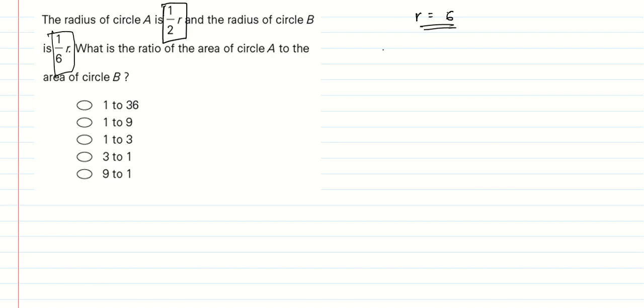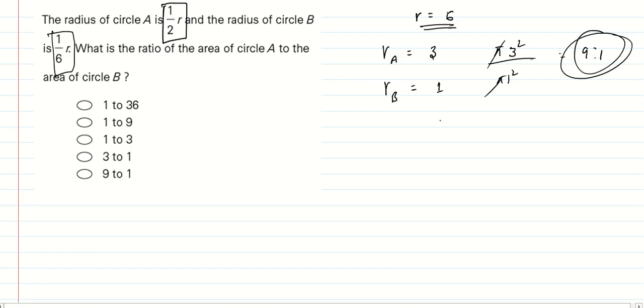Then what is the radius of A? 3. What is the radius of B? 1. Correct, no? That's all. So I'll get pi r square, pi r square. That is easier to understand. 9 is to 1. Pi will get cancelled. So here the assumption makes it much easier.